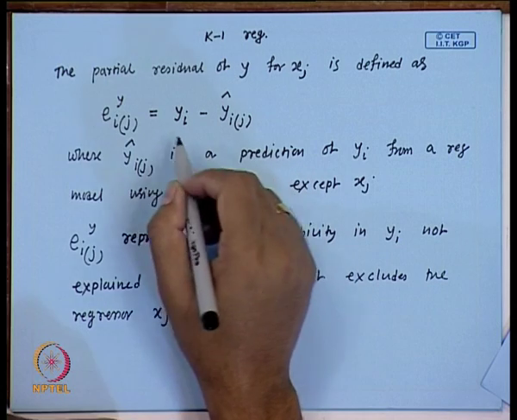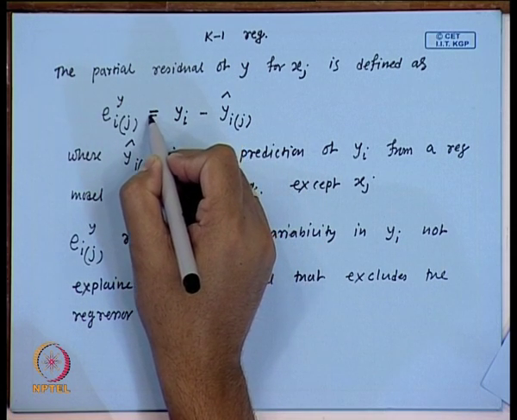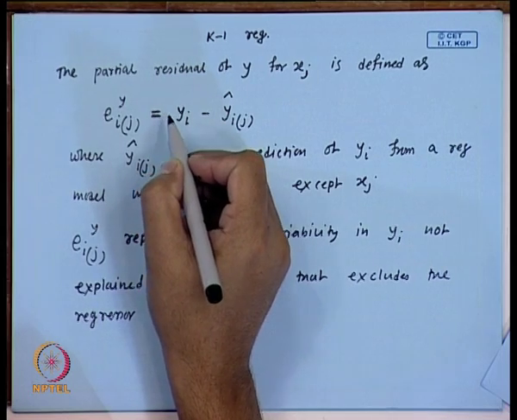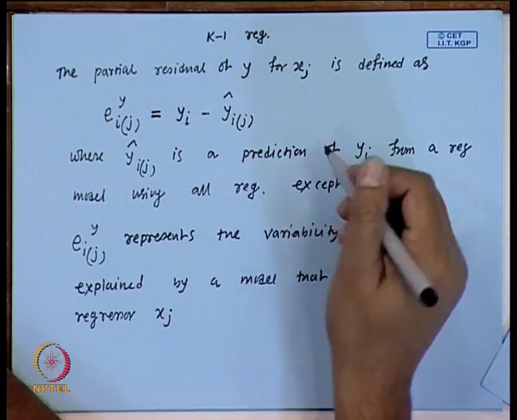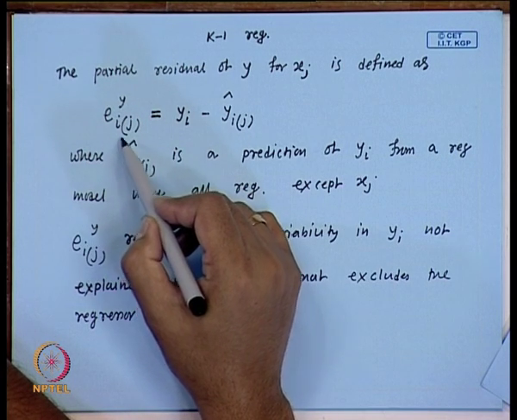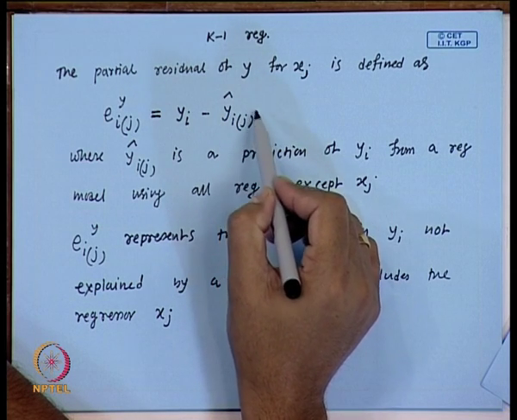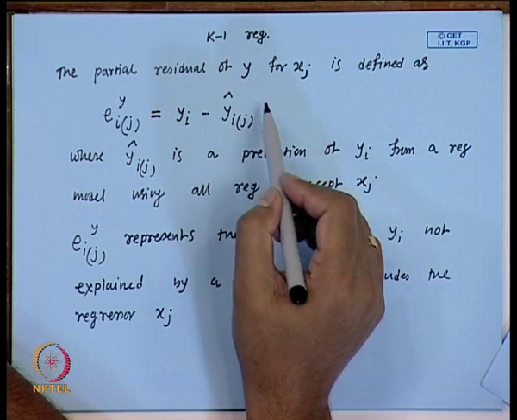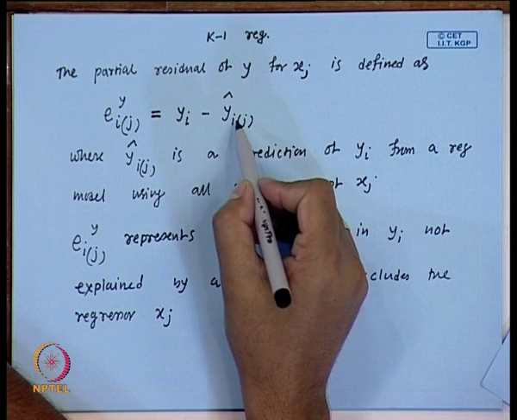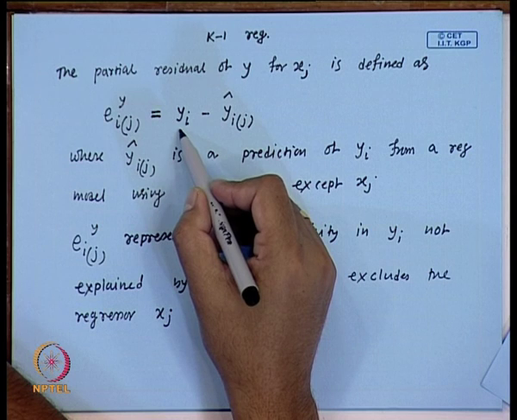So, in other words, this means that the effect of all the other regressors except xj has been removed from the response variable y.